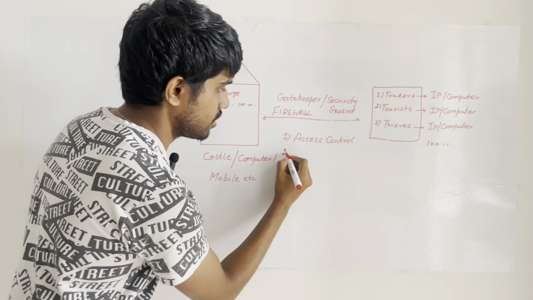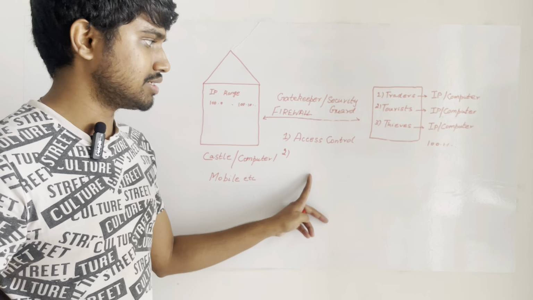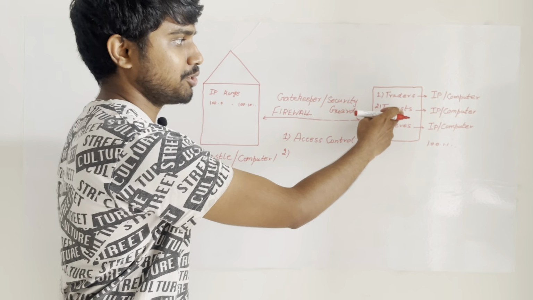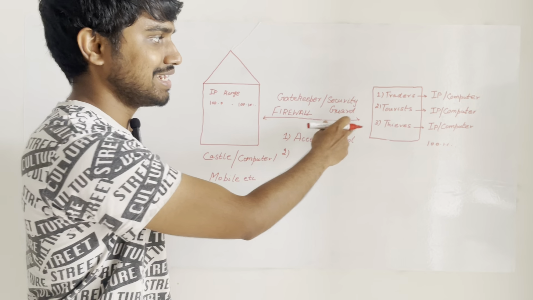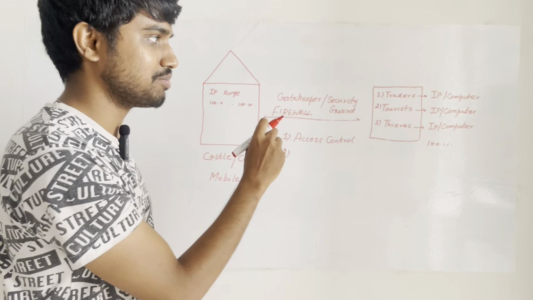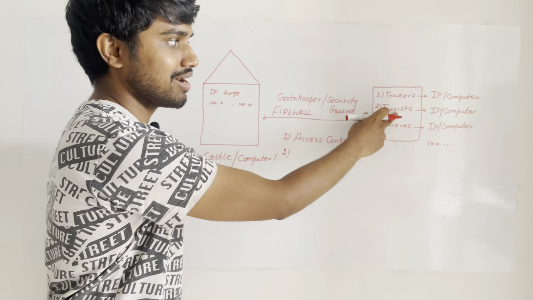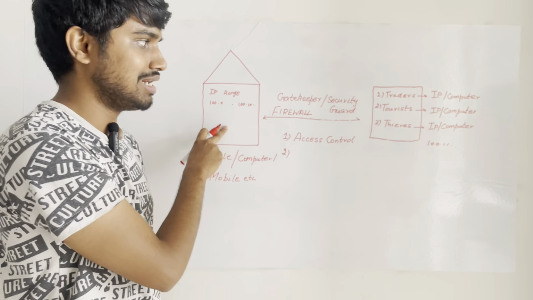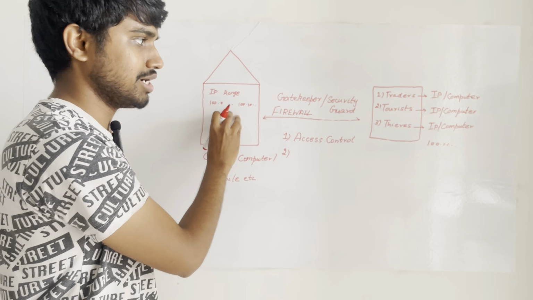The second thing the gatekeeper does is check whoever is coming in. Say a tourist comes in, but they carry a tiny bomb or something, because they are a little jealous about some wealth that is present in the castle and they want to destroy it, right?